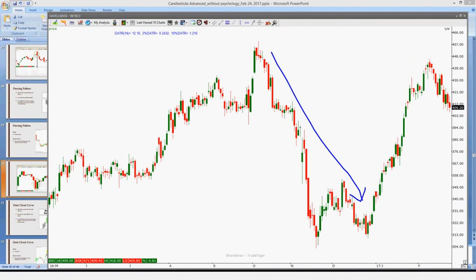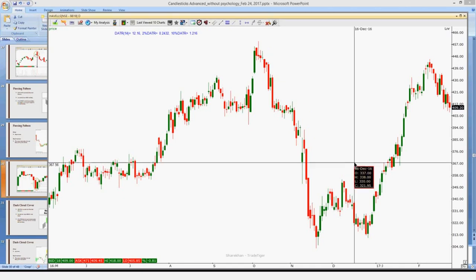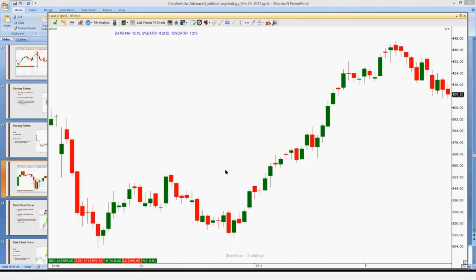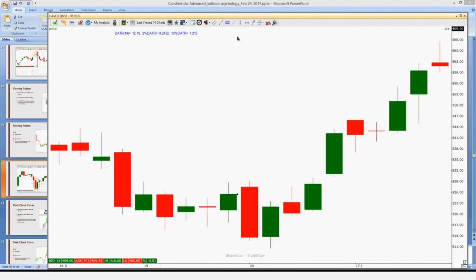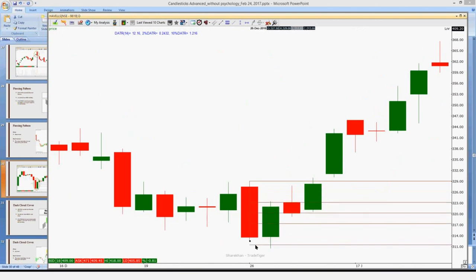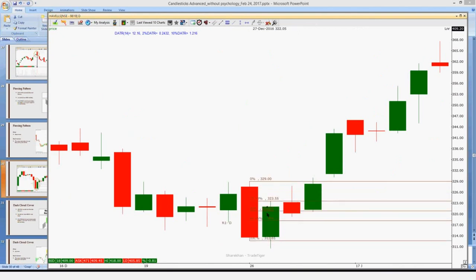Down, steep down, right? And if I zoom this for you, these two candles, 22nd December and 27th December, is it closing above the 50% of the range of the red candle? I have a reversal there, right?